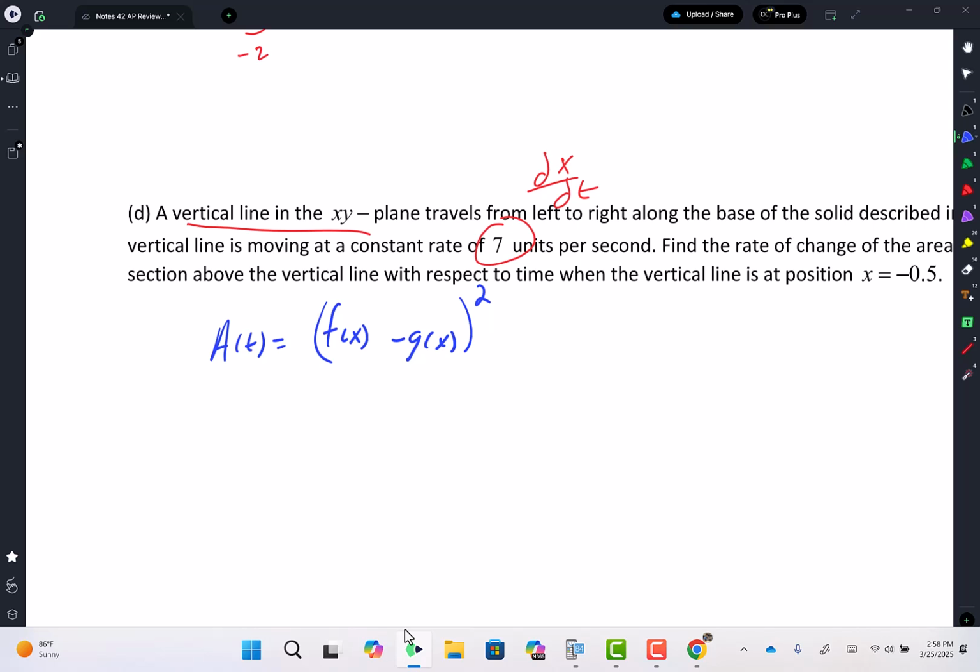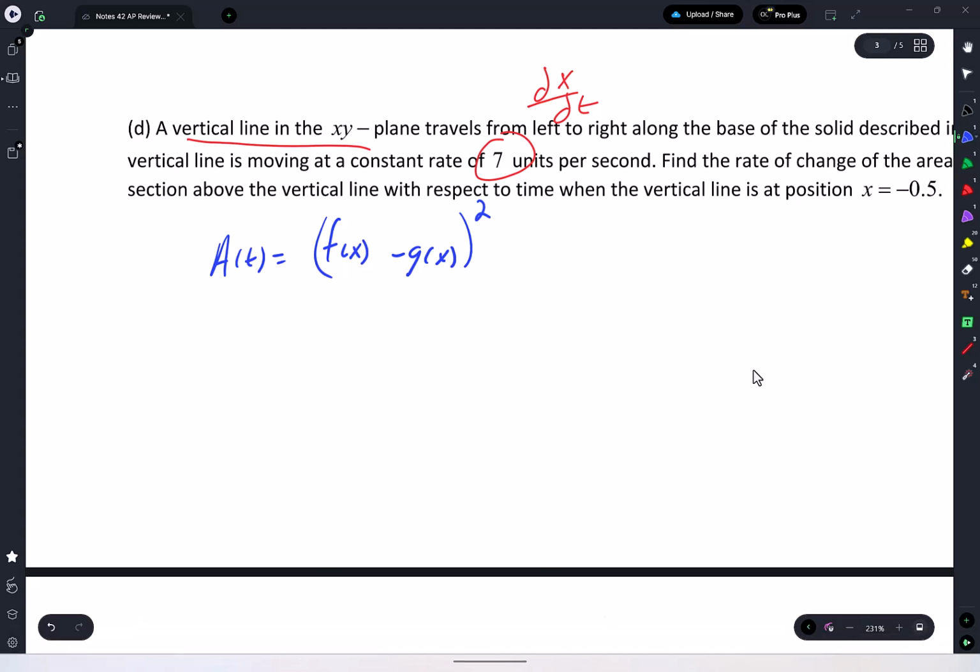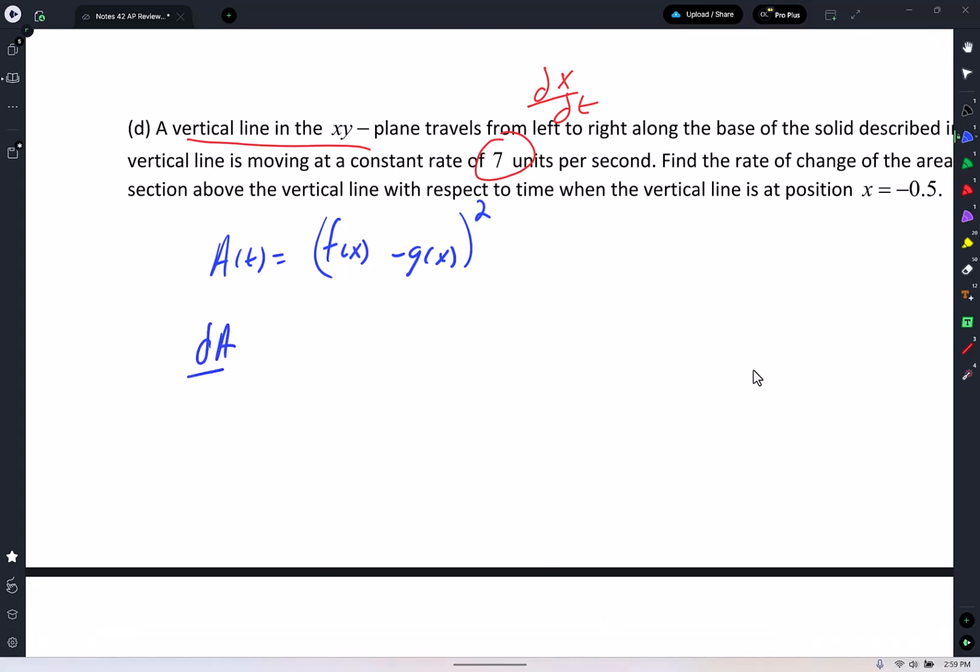This is my area formula. I'm going to take the derivative because I want to know the rate of change of my area. What's the derivative of this? I'm taking the derivative with respect to what? Yeah, t. Here it is, guys. Ready? dA/dt equals what?